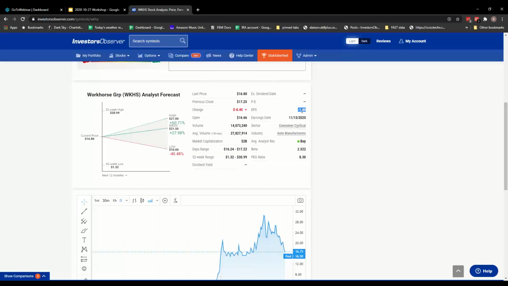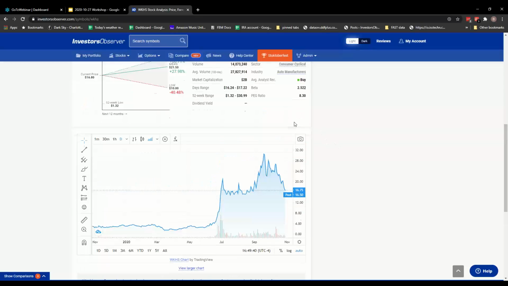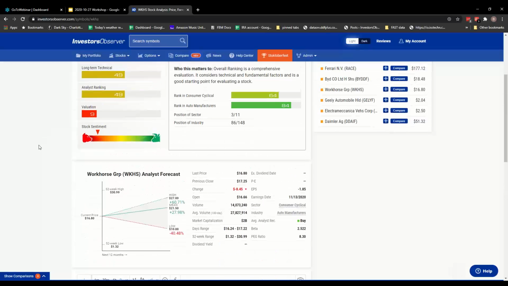I mean, it's not profitable. I don't have a full balance sheet here, but even being up this much over the past year, it's still a 2 billion market cap company in an industry where size is really sort of the king, right? Especially since I think Workhorse is mostly in the fleet space.